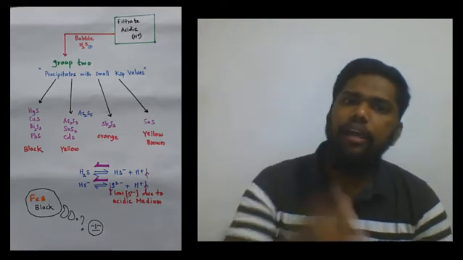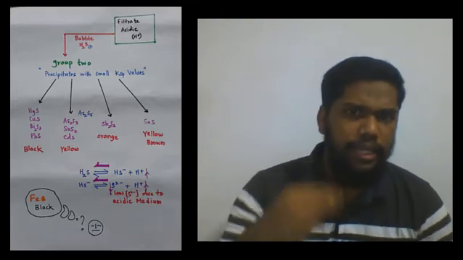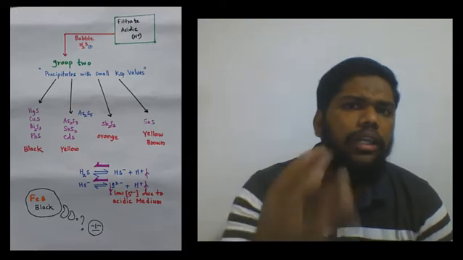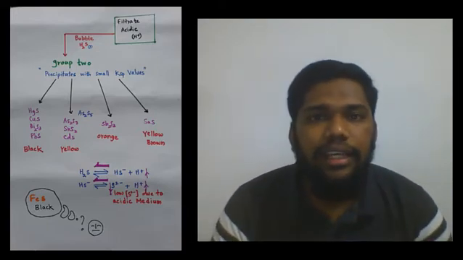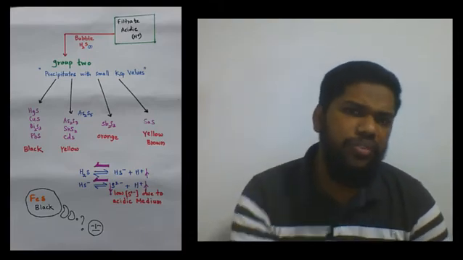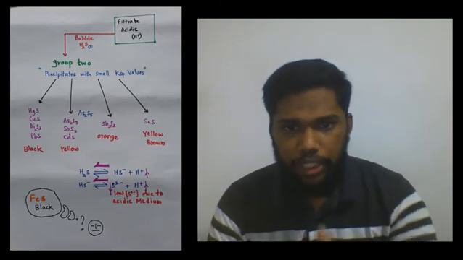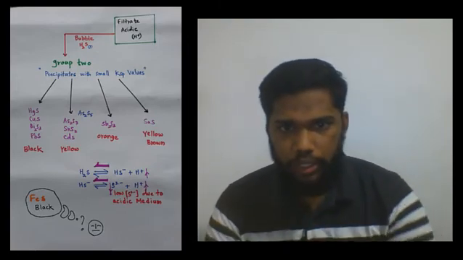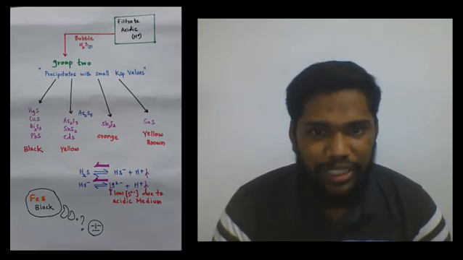So here I have mentioned precipitates with small Ksp values. Here, because in group 2 analysis I told you H+ is there, that means the solution is acidic. And when you pass H2S gas, according to the equilibrium reaction that I have drawn there, H2S is also in a reversible equilibrium, so it is an acidic gas.